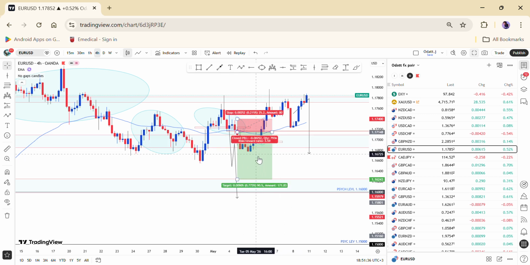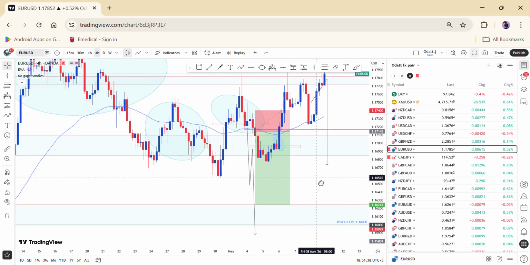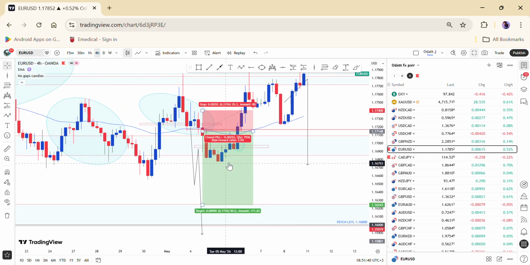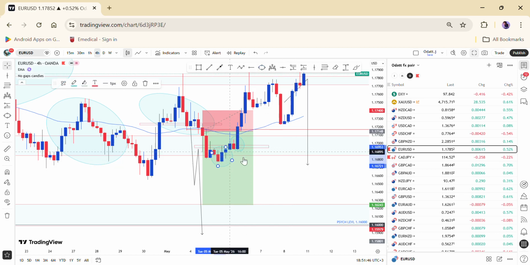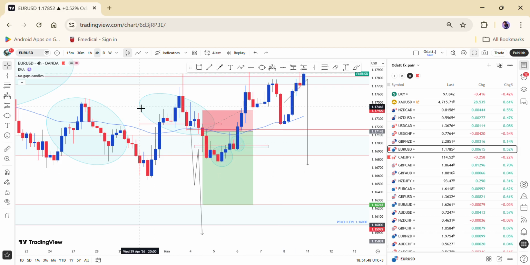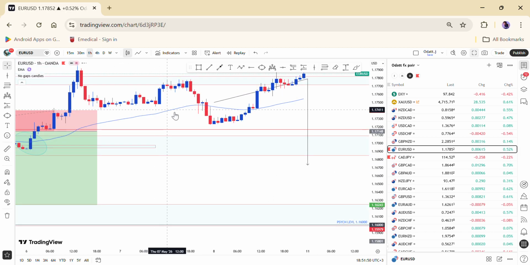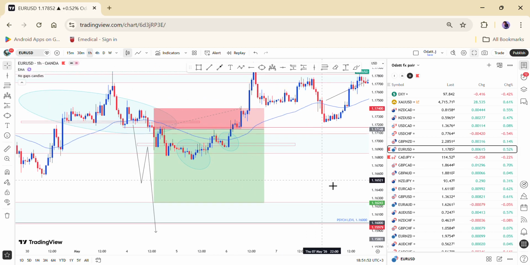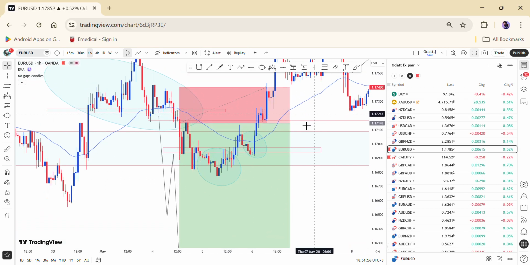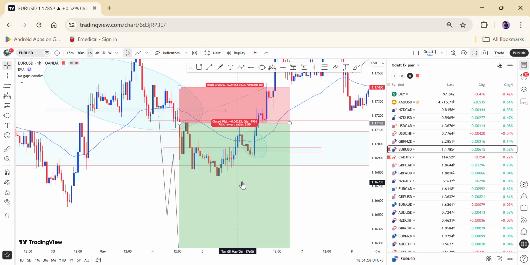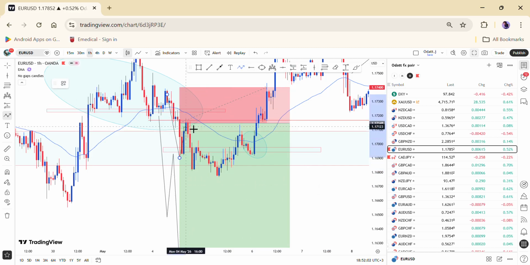Price went direct to, we have this strong engulfing candlestick here. We have this engulfing candlestick over here, and then in 1 hour time frame we have shift of structure. So now we have low, high, low, high, low, and then we break.